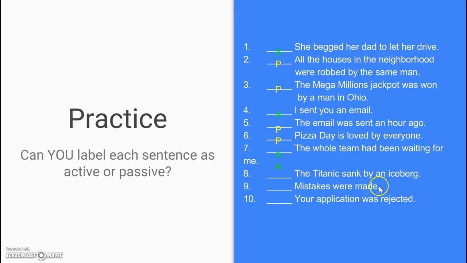This is actually made famous by politicians who don't want to admit who made the mistake. So even though we don't have a subject, passive. And number 10, your application was rejected. Doesn't say who's doing the rejecting, just that it happened. So 10 is passive as well.